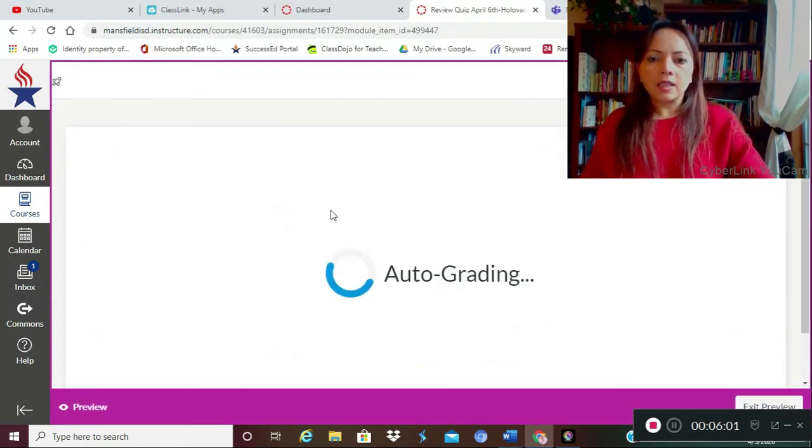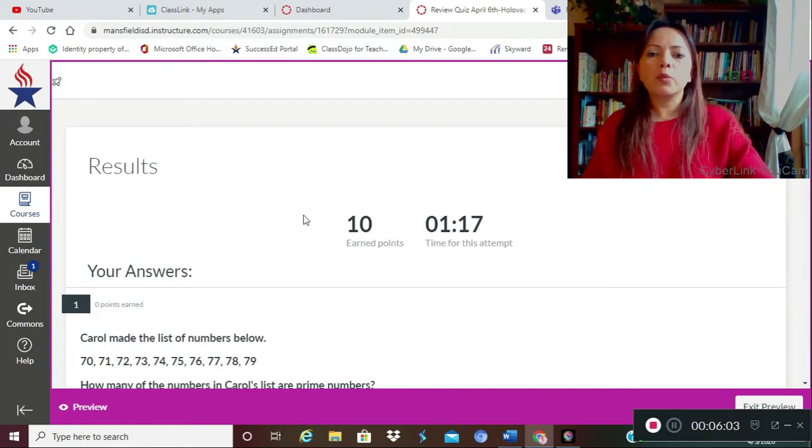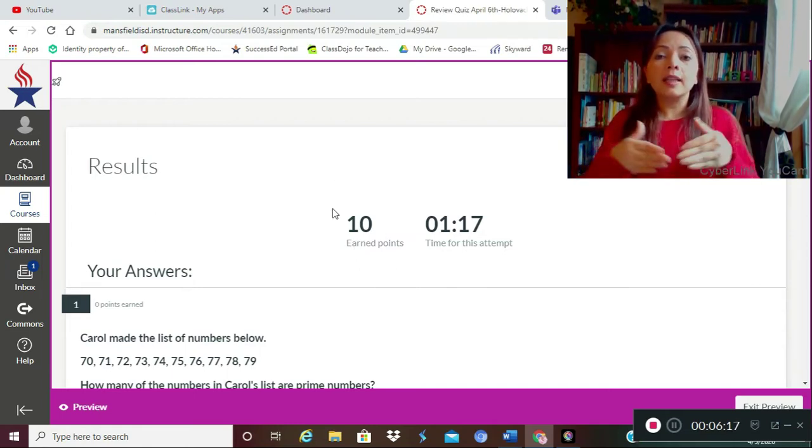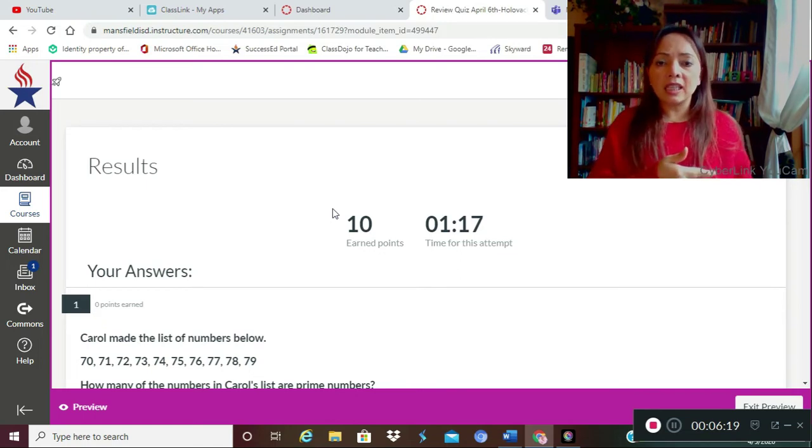Then it takes me to this page where it shows me how much I earned and how much time I spent on it. I do want to clarify this part as well. The points or grade that Canvas gave you may not be exactly the same as Skyward.